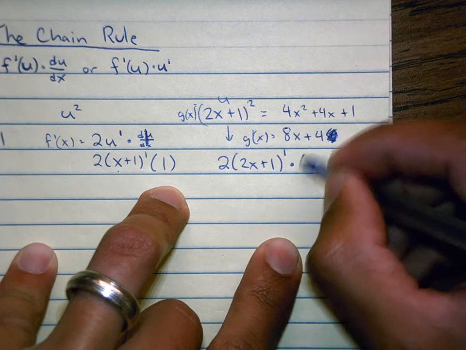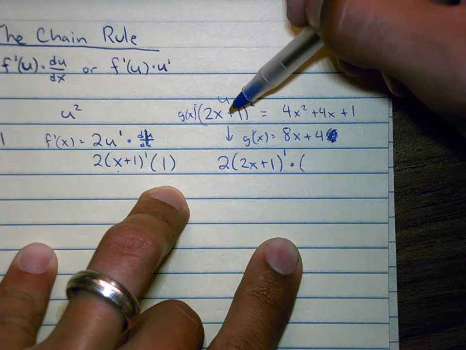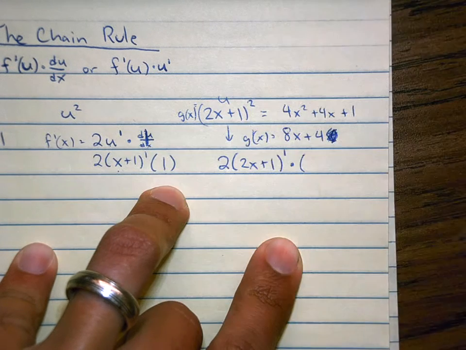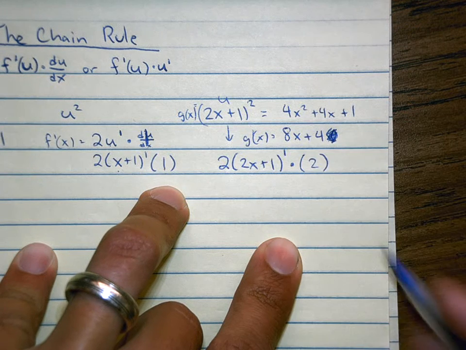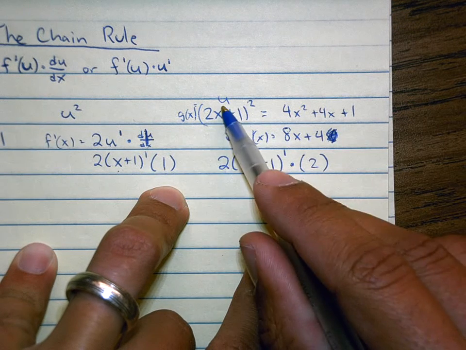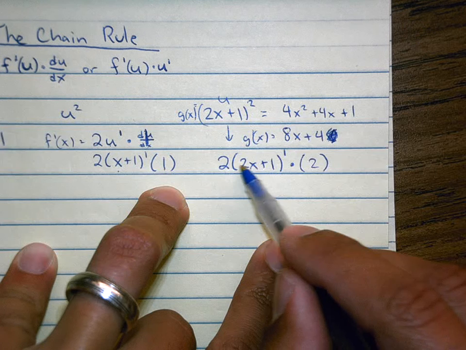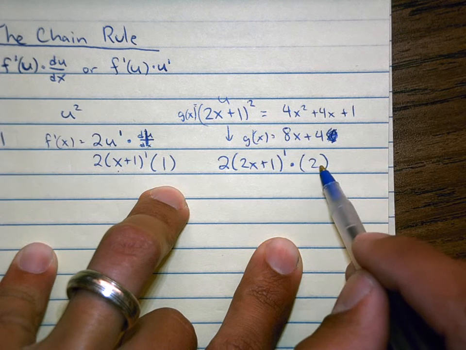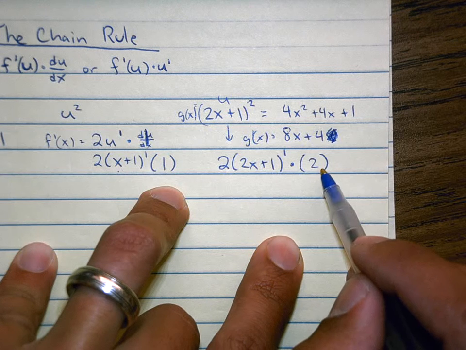Then you multiply it by the derivative of the inside piece. What's the derivative of the inside piece? 2. So if I just did the derivative of the outside piece, I would have 4x plus 2. And see how that's not the same? It's not the same until you multiply it using the chain rule.